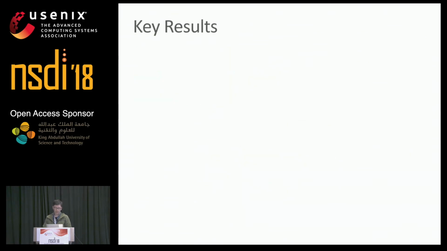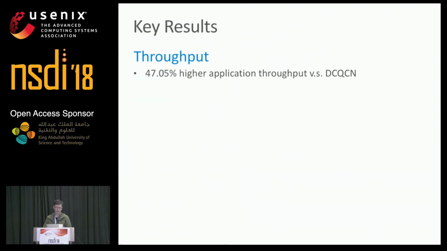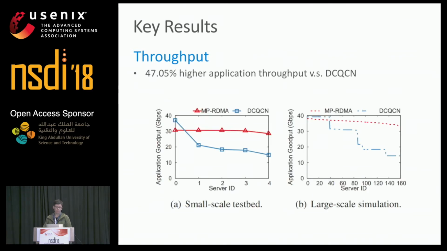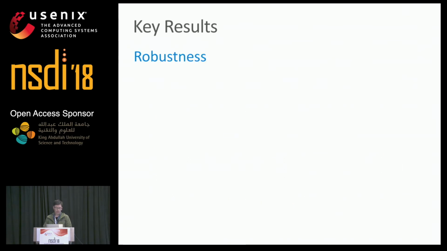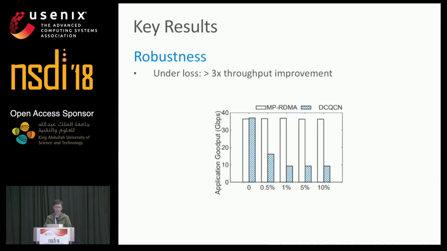Our key results are that we can improve the throughput compared with single-path DCQCN by 47%. And it is also very robust to loss, because it can use the good paths to retransmit the data that is lost on those failed paths. So it can achieve about 3 times throughput improvement.